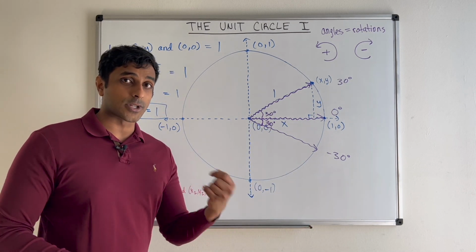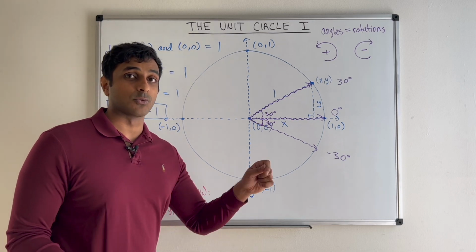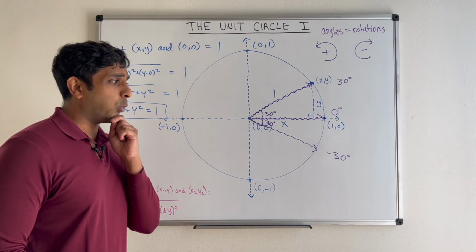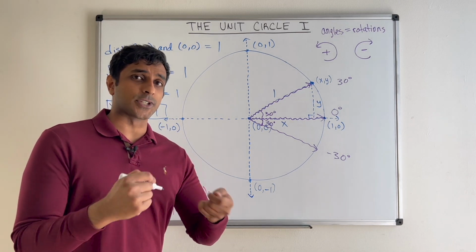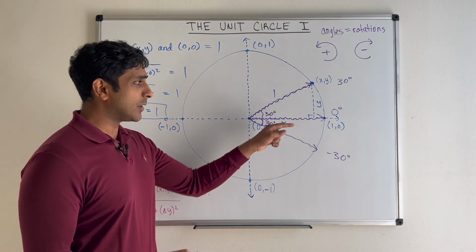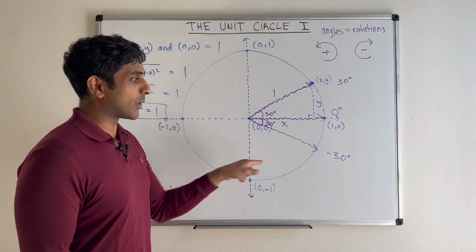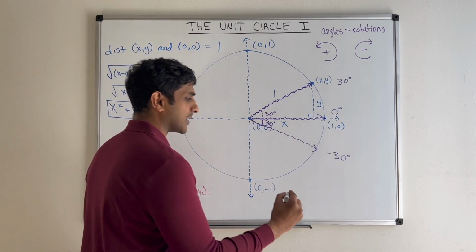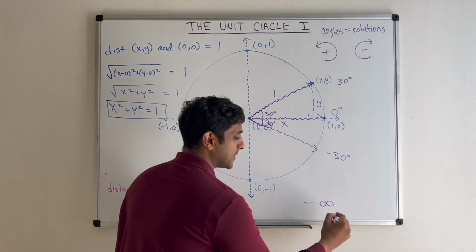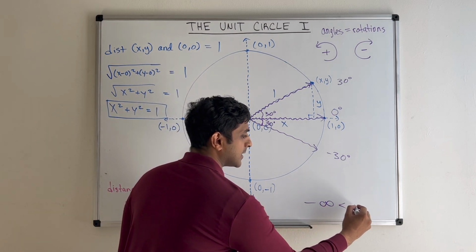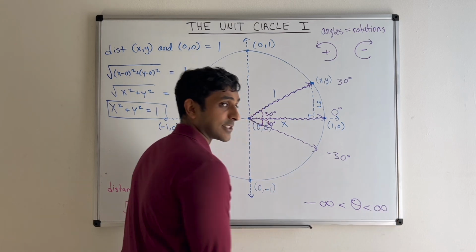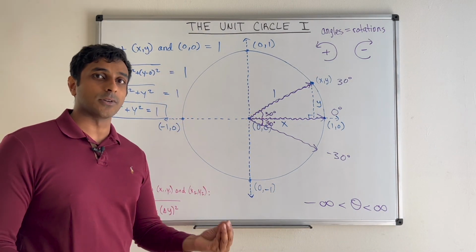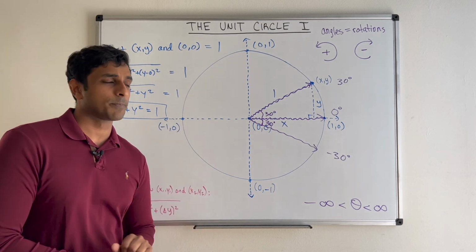And the angles that we're talking about are going to be describing rotations. And so for that reason, what are the possible rotation values we can possibly think about? Well, we can keep rotating around and around the circle infinitely in either direction, which means our new concept of theta is actually going to be anything between negative infinity and infinity. So any real number now, we can consider an angle and deal with based on this circle.